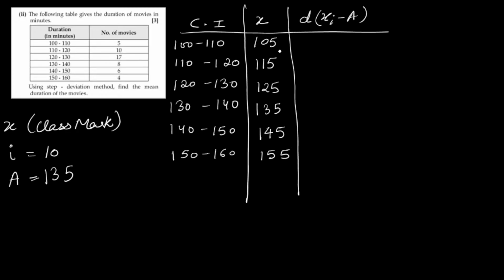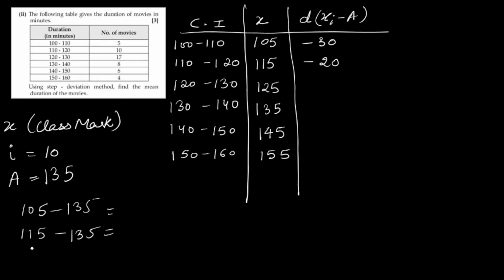The xi's are these terms: x1, x2, x3, x4, x5, x6. So the first one is 105 minus 135, it's minus 30. Then 115 minus 135, this is minus 20.